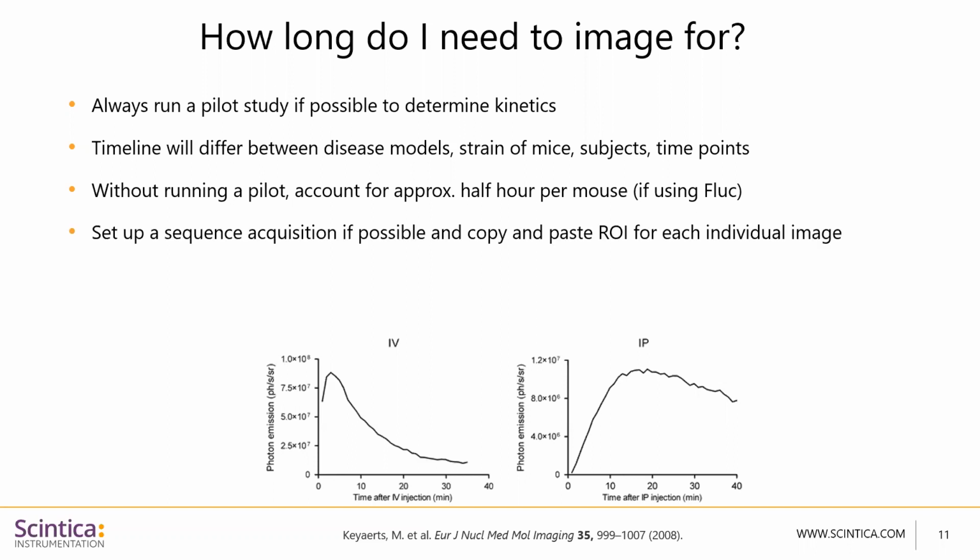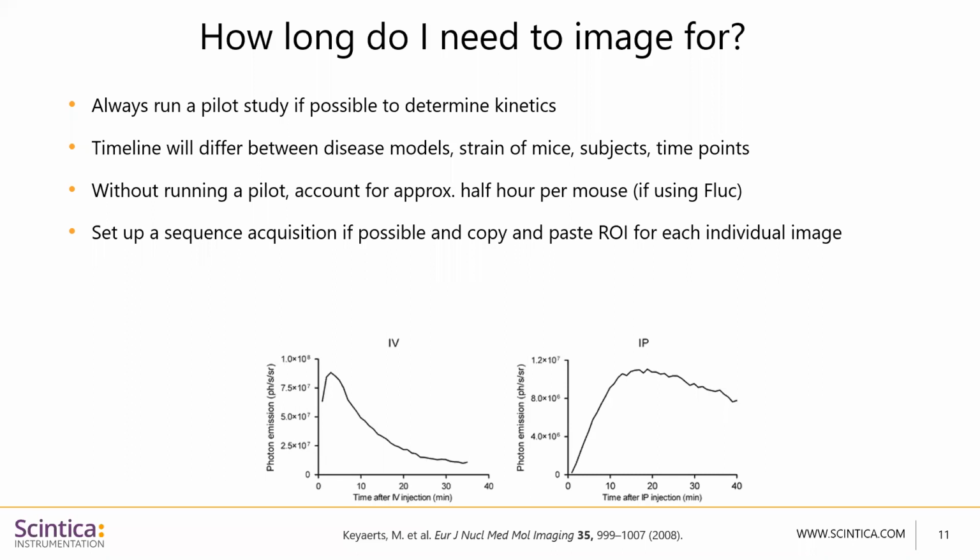And set up a sequence acquisition if possible. For those of you that are familiar with optical imaging and already have it set up in your lab, regardless of the system you're using, your software should allow you to set up either a sequence or serial imaging session, where you're setting up multiple images with the same parameters over time.